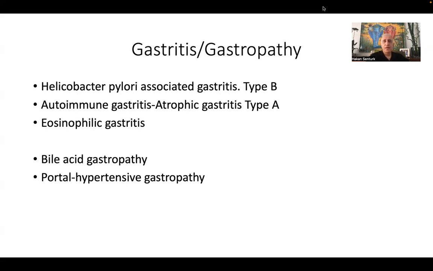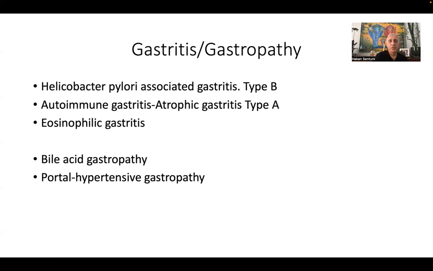The cardinal example for gastritis is Helicobacter pylori gastritis, and as to gastropathy, bile acid gastropathy. Helicobacter pylori associated gastritis is very frequent in society, and it is called type B gastritis. Helicobacter pylori is a gram-negative agent, which is not a physiological resident of the stomach, but it is very frequent.